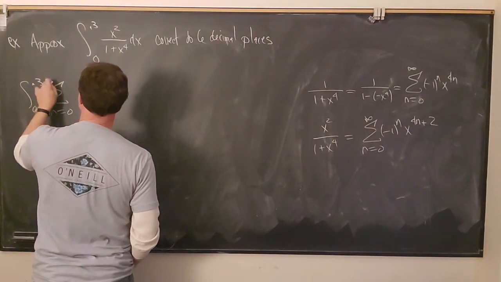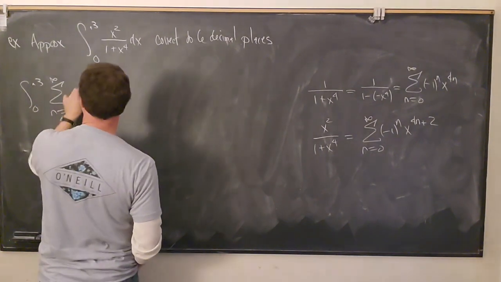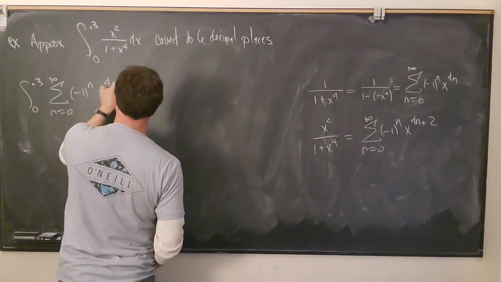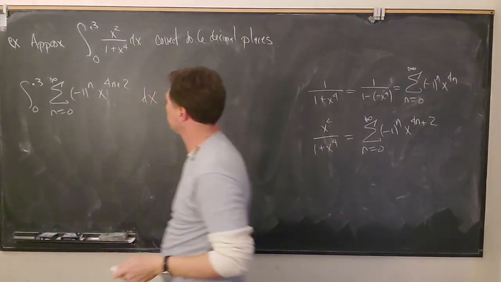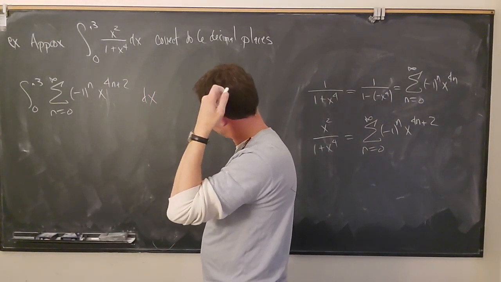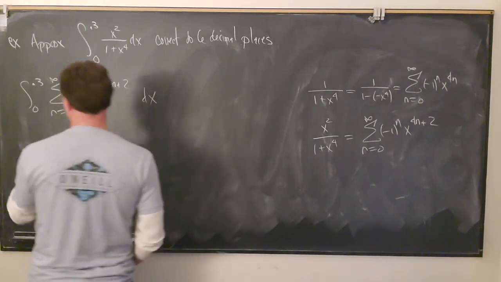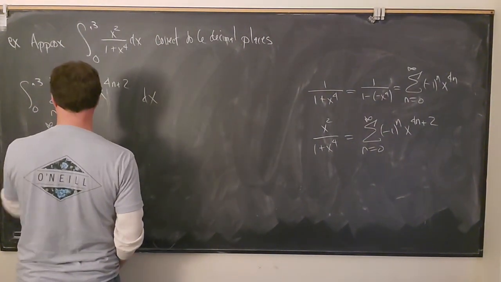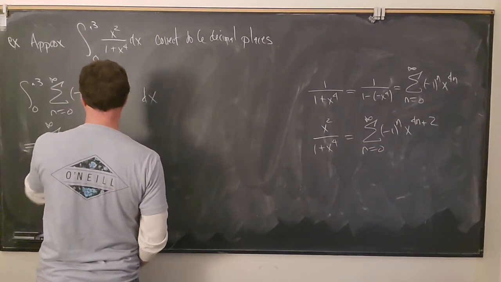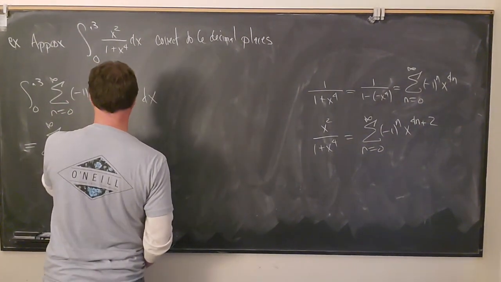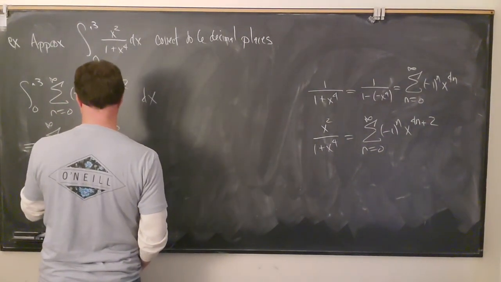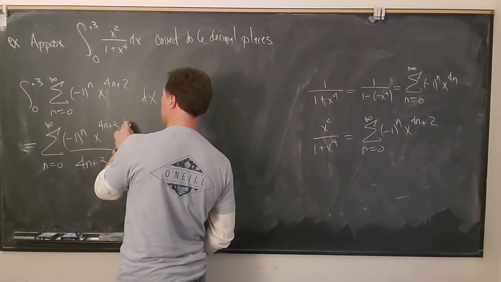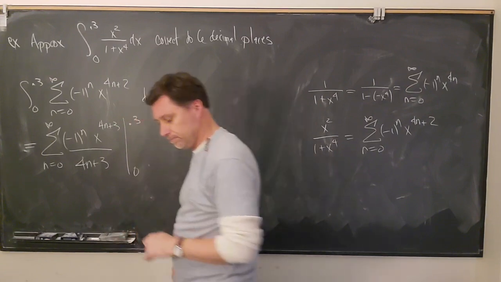Let's see what happens here. We take the antiderivative. We get the sum n equals 0 to infinity of (-1)^n x^(4n+3) divided by 4n+3. We're doing a definite integral, so I need to evaluate from 0 to 0.3.